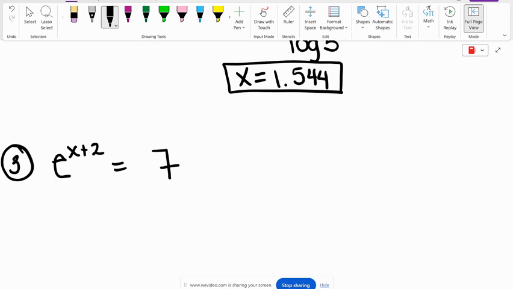We have to take the log of both sides, but when you're dealing with a base of e, we don't write log. What do we write? ln. We're going to take the ln of both sides. So this is going to be the ln of e to the x plus 2 equals the ln of 7.